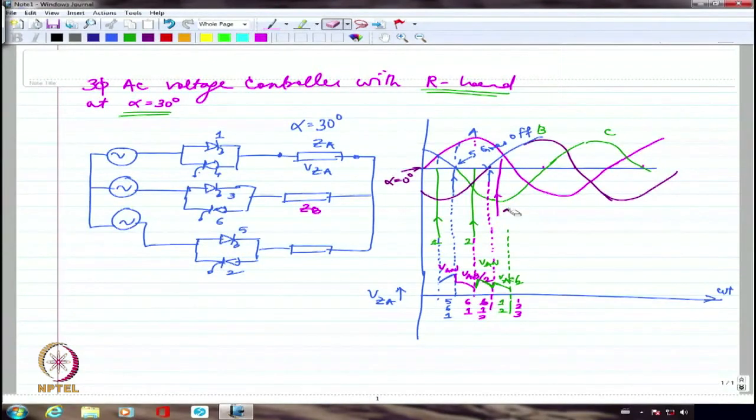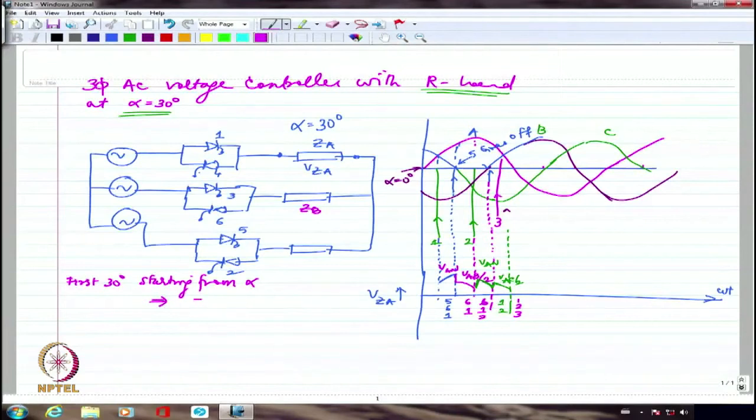3 is fired here. So when 3 is fired, still there is some amount of positive A phase voltage left over. So 1, 2, 3 will conduct together. Right? So I am going to have actually for the first 30 degrees starting from alpha, I am going to have 5, 6, 1.